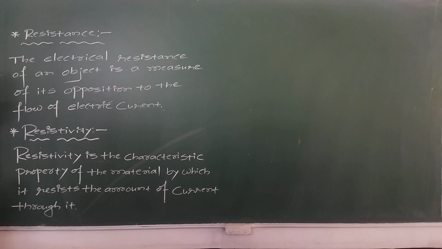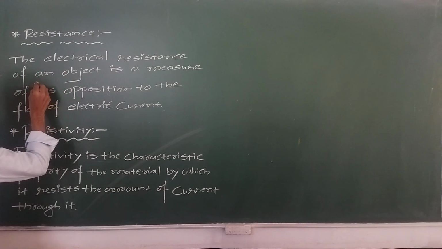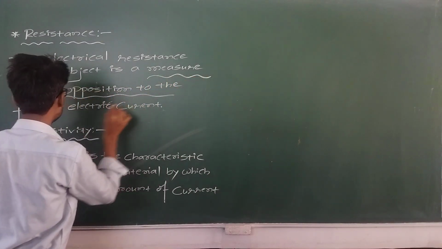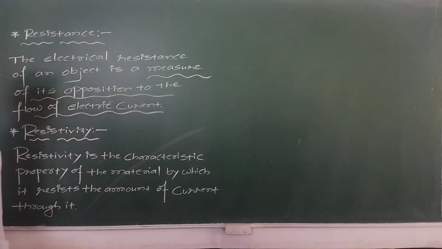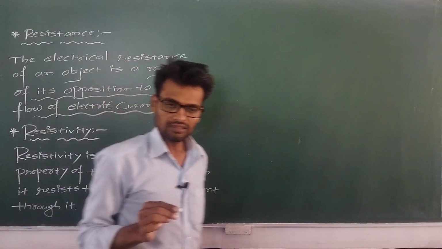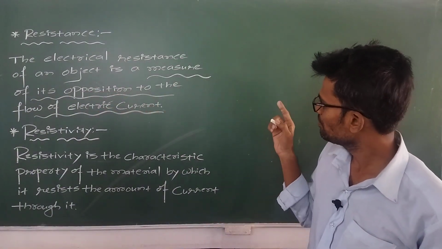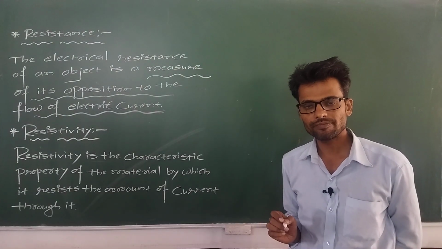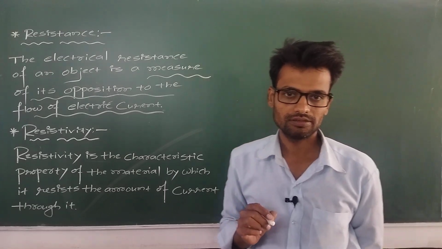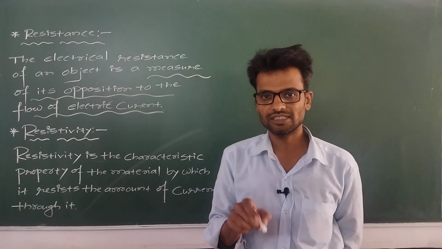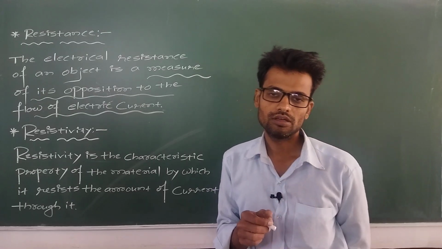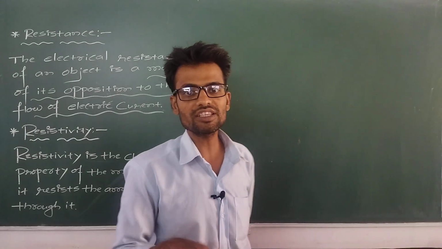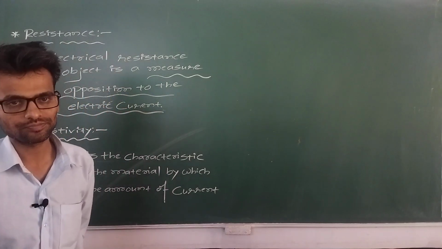Or in other words, the obstruction offered to the flow of electric current by a conductor is called the resistance of that conductor or resistance of that material.